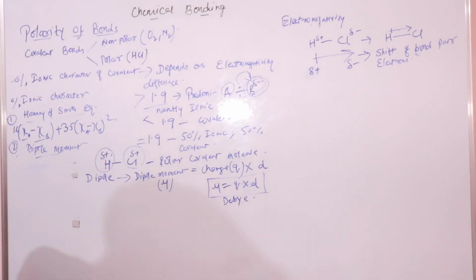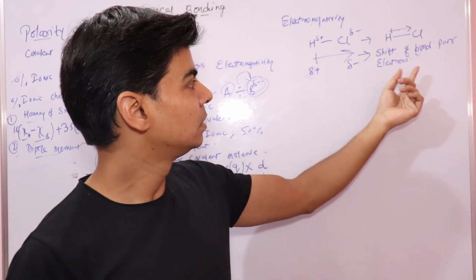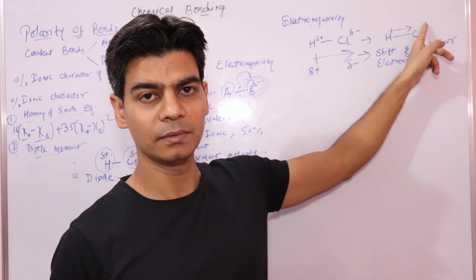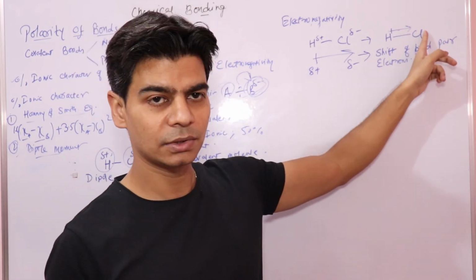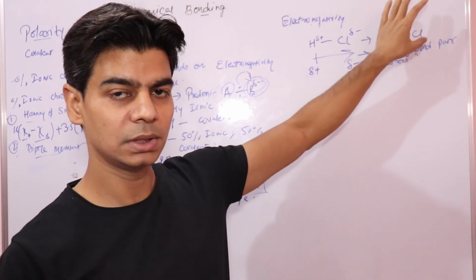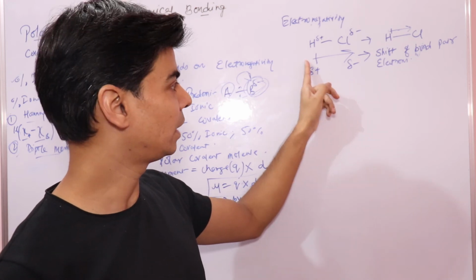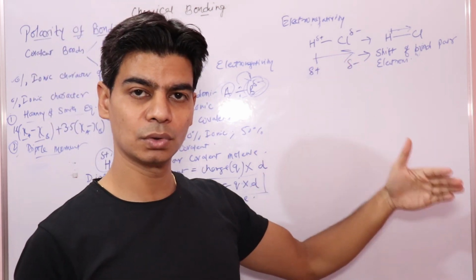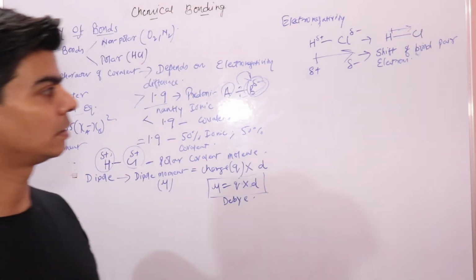Because in polar covalent molecules this bond pair is shifted towards the more electronegative atom. So this is what the dipole moment sign represents: an arrow towards the more electronegative element represents the shift of the electron pair towards it.